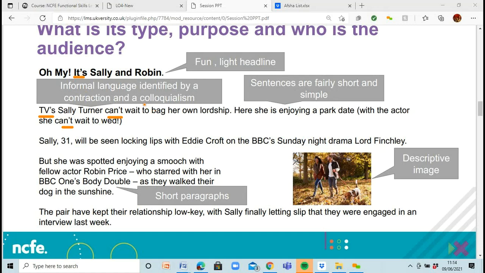Then they're also using something called colloquialism. I can never say that. Colloquialism is actually when you're using informal language. It's the way that we speak with certain people. You adapt your tone or your language or the phrases that you use depending on who your audience is and who you're actually talking to.